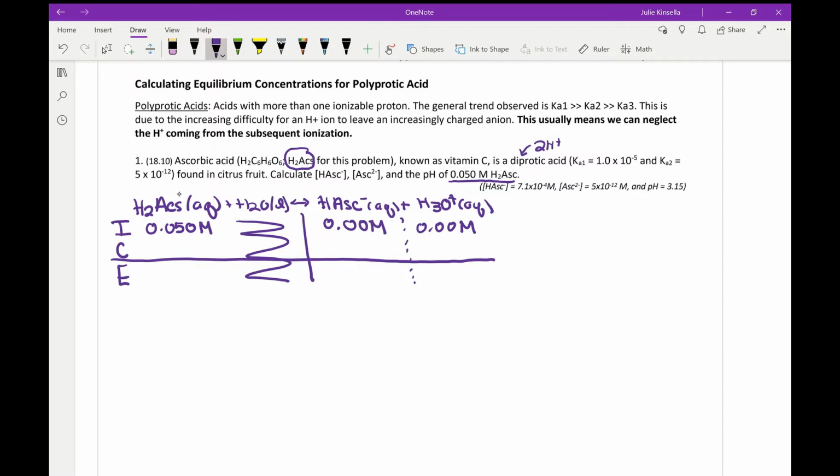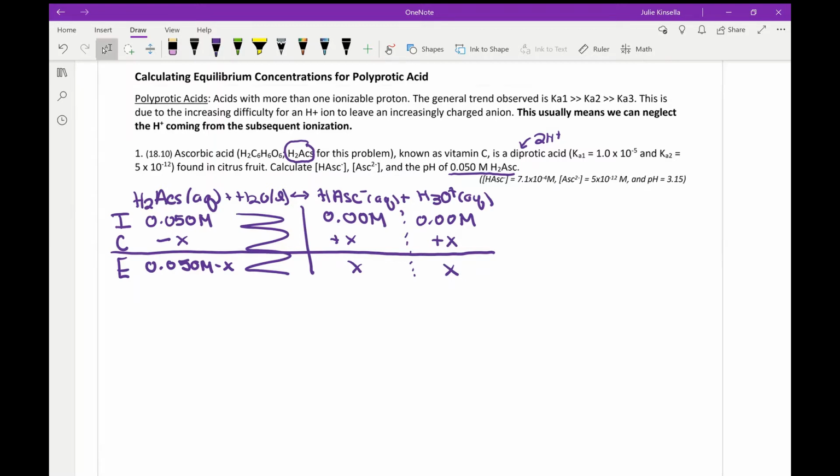Based on the balanced equation, and also the fact that it's going to proceed right towards equilibrium, we're going to do -1x for the weak acid and then +1x for each of the products. So we get 0.050 M minus x, x, and x. And then below is where I'm going to start the calculation. I'm going to leave the right-hand side just as some extra information for you to have. Let me slide that up.